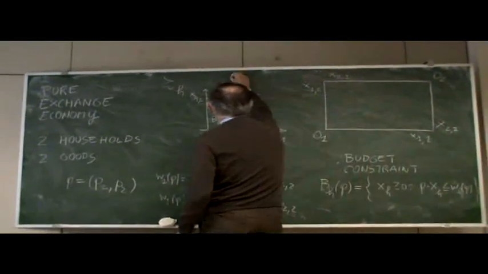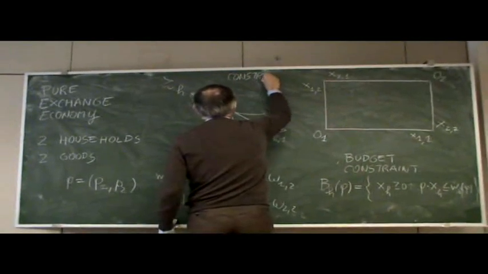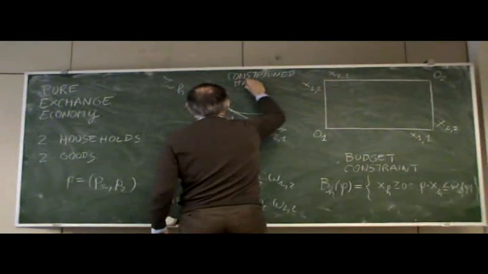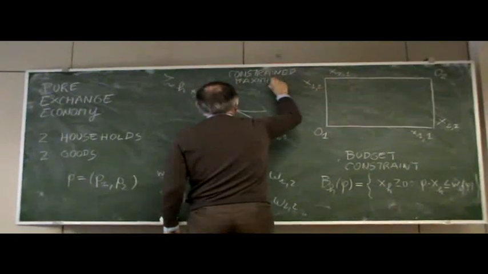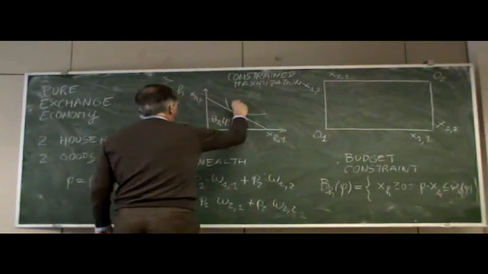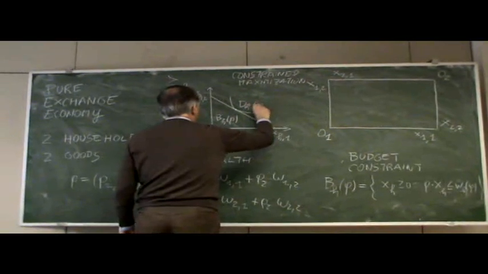Constrained maximization. This is the optimal bundle, which is denoted by d^h(p).